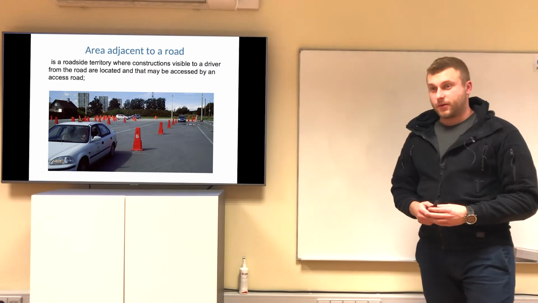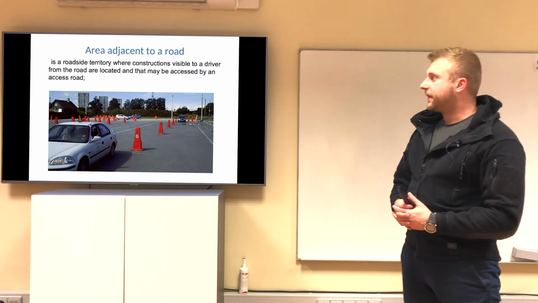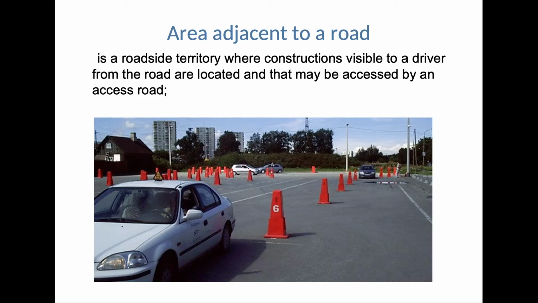Area adjacent to a road. Another definition is a roadside territory where constructions visible to a driver from the road are located, and they may be accessed by an access road. So it means, like a parking platform is adjacent to a road.